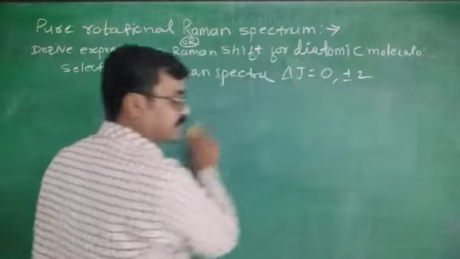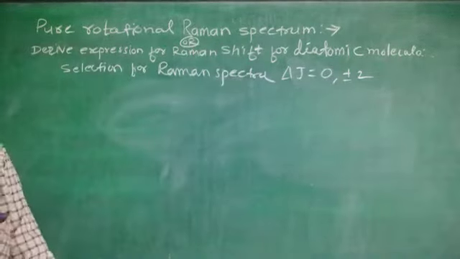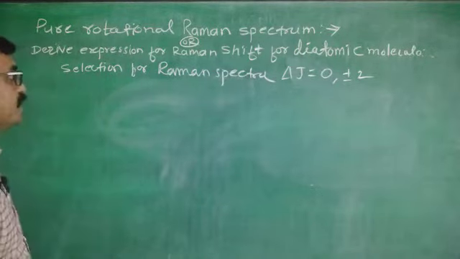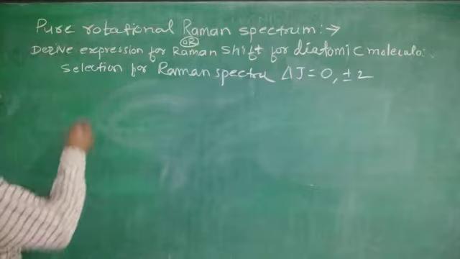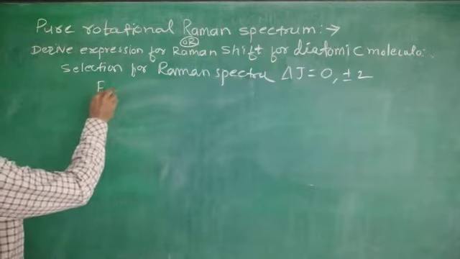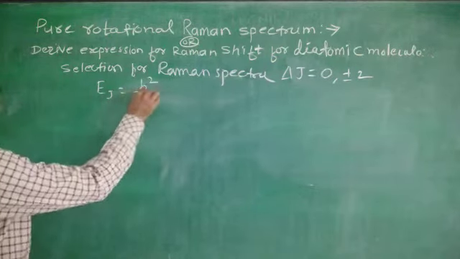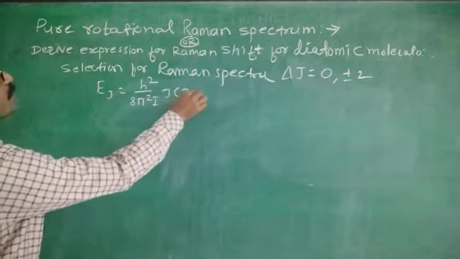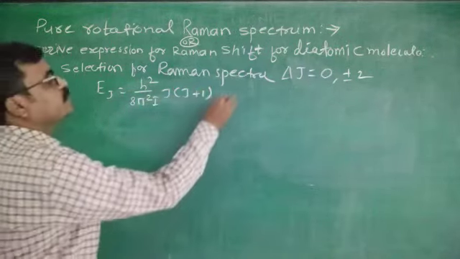Now see the derivation of the Raman shift for this rotational spectra. The energy of rotation is given by E J equals h squared upon 8 pi squared I, into J into J plus 1, so many joules.